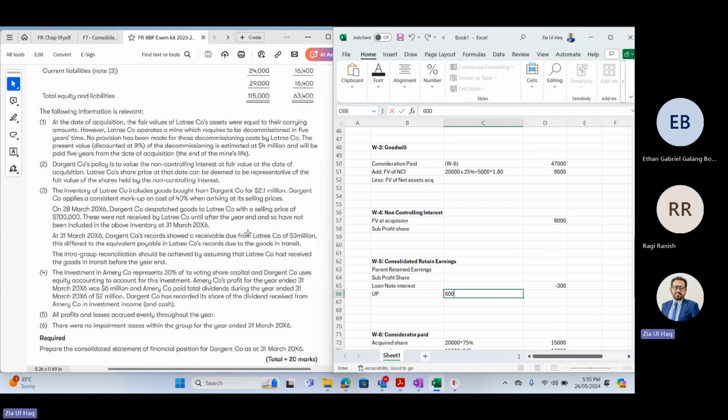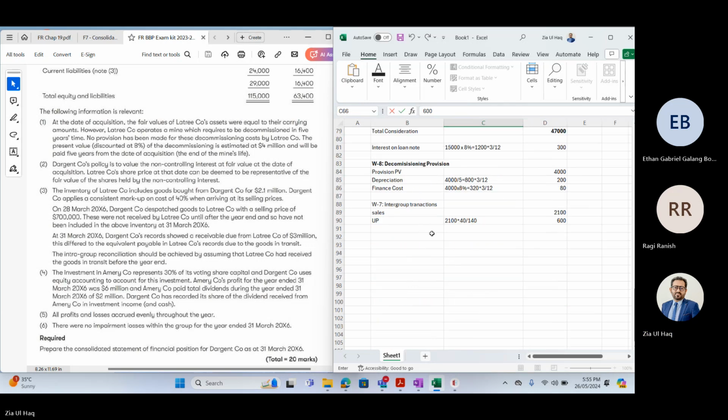This means this 700 inventory sale also has some profit included. How much is that? This sale is of 700 separate. If you calculate 700 into 40 by 140, what is that? 200.